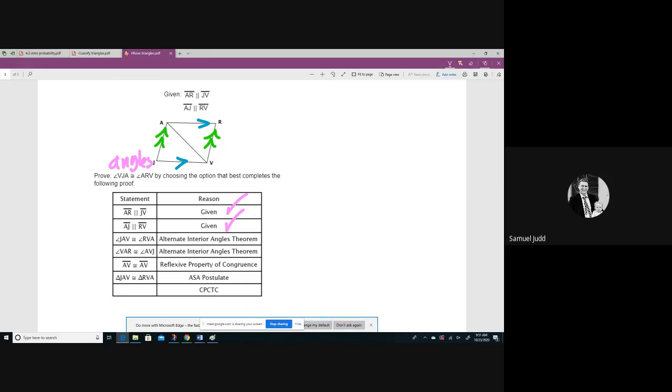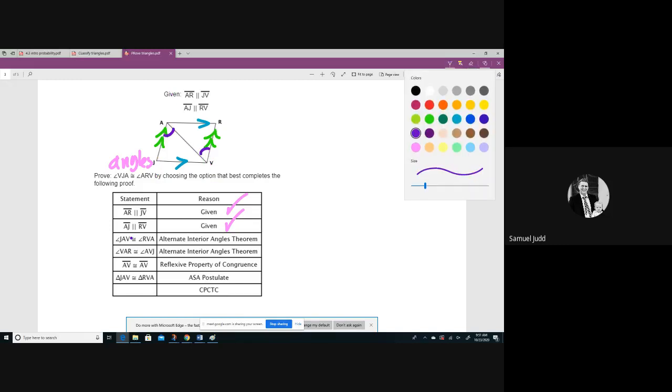Next thing, what they did was they said, hey, that means that angle VAJ and angle RVA are congruent by the alternate interior angles theorem, which hopefully you were able to notice, hey, parallel lines, those transversal, those are alternate interior angles. Cool.